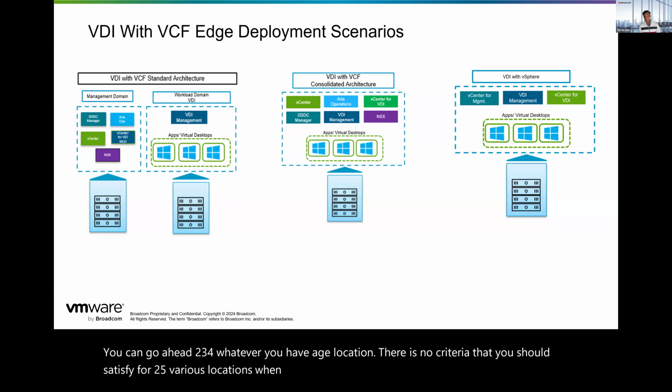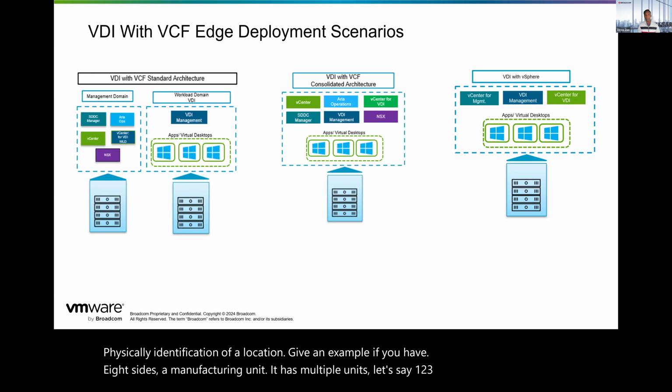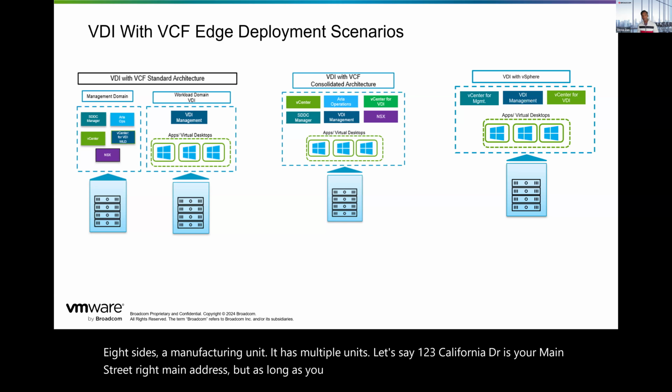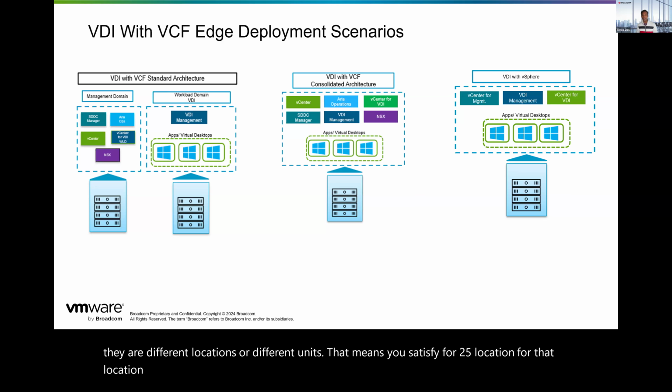When I say 25 edge locations, it is the physical identification of a location. Give an example: if you have an edge site, a manufacturing unit, it has multiple units. Let's say 123 California Drive is your main street address. As long as you have a unit 1, unit 2, some numbers to identify that they are different locations or different units, that means you satisfy the 25 locations, even if they're in the same city or same area.